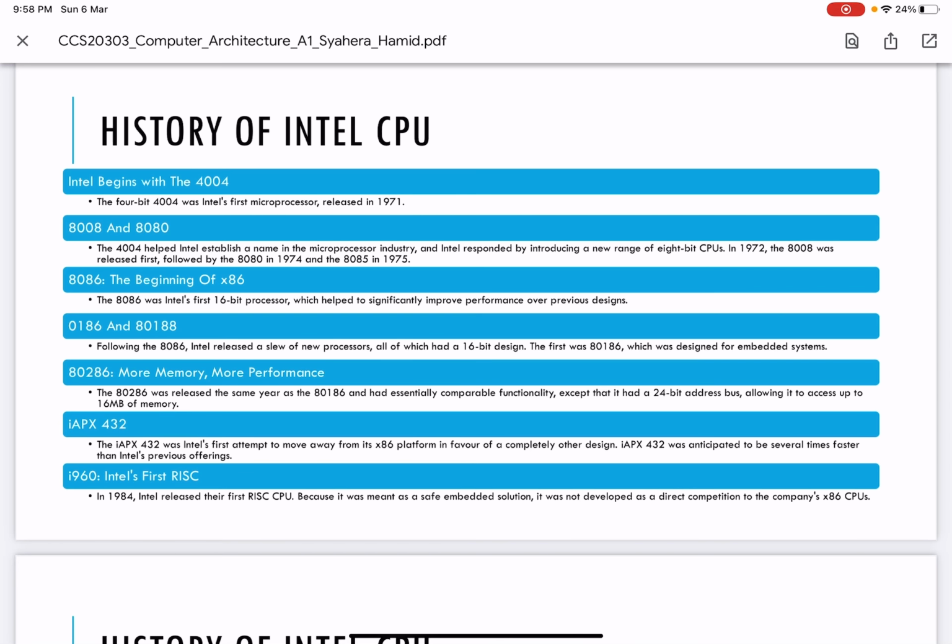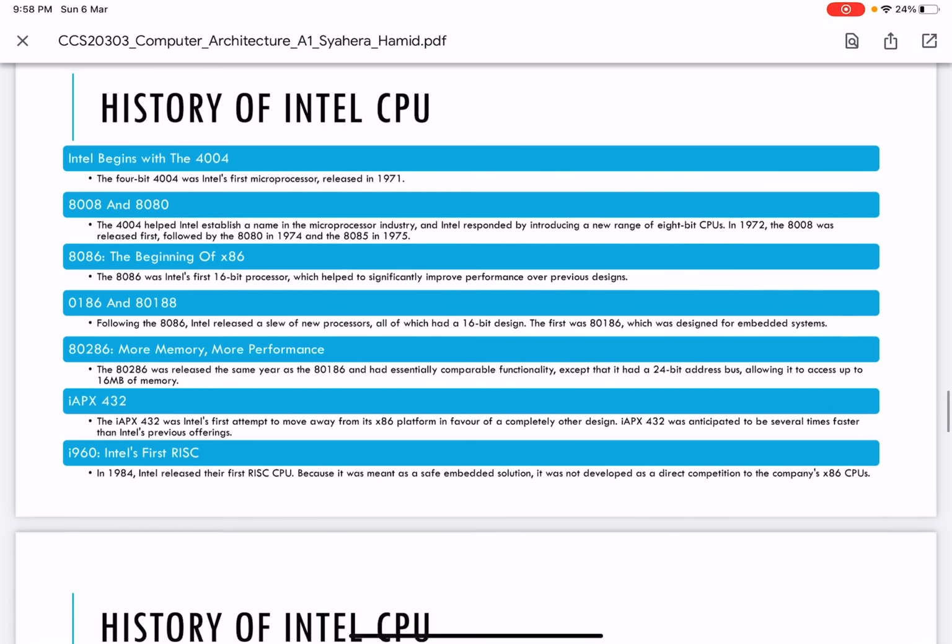So for 8086, the beginning of x86, the 8086 was Intel's first 16-bit processor, which helped to significantly improve performance over previous designs. And then next, 80186, 80286, more memory, more performance. iAPX 432, first attempt to move away from x86 platform.